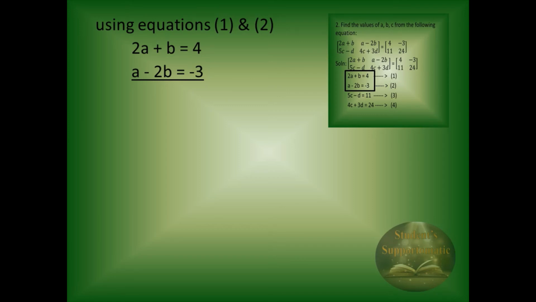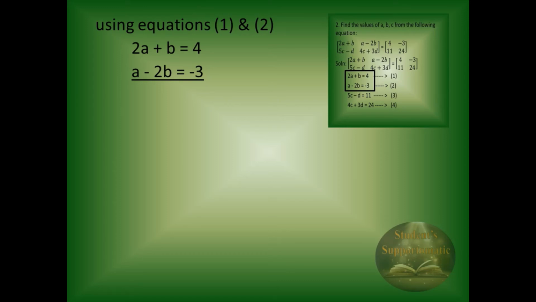One, we multiply equation 2 by 2 to make the coefficient of the variable a the same, or else we multiply equation 1 by 2, then we make the coefficient of the variable b as 2. We will select any one.